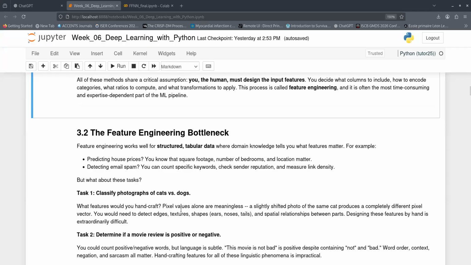The pixel values alone are meaningless. A slightly shifted photo of the same cat produces a completely different pixel vector. So you would need to detect edges, textures, shapes, and spatial relationships between parts. If you want to design these features by hand, it will be extraordinarily difficult.